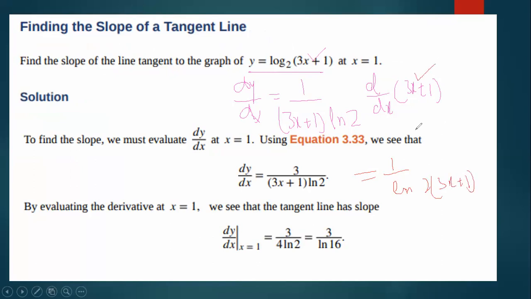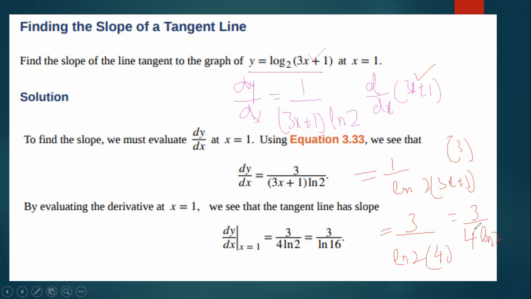The derivative of this will be 3, so it will be written as 3 upon ln 2. Now applying x equals 1, 3 times 1, so 3 plus 1, that will be 4.